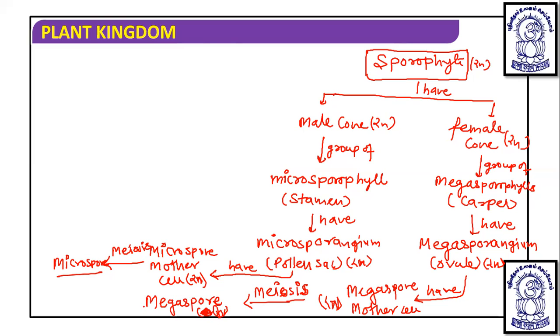Now this haploid megaspore germinates and forms the female gametophyte.